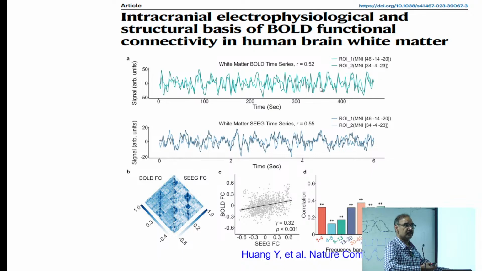And again, suggesting that maybe even the electrophysiological signal that they obtained has something to do with, or can be modulated by, or I should say reflects, the white matter signal. So this is looking at the BOLD functional connectivity, and this is stereoscopic EEG functional connectivity. And again, it's not simultaneous and done differently, but nonetheless the correlation is significant, right?